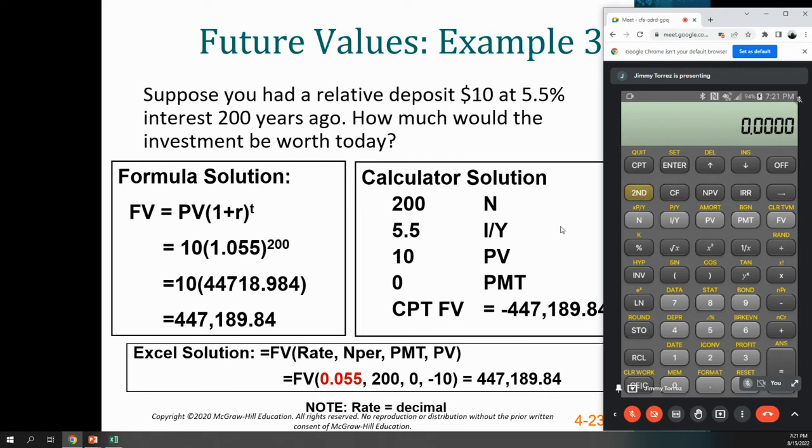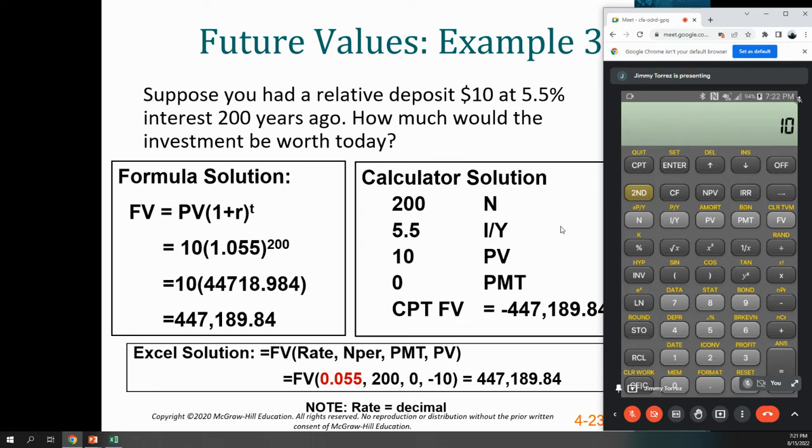In this case, the number of periods, N, equals 200. I hit 200 and enter. The interest rate is 5.5, I over Y, enter. The present value is 10.